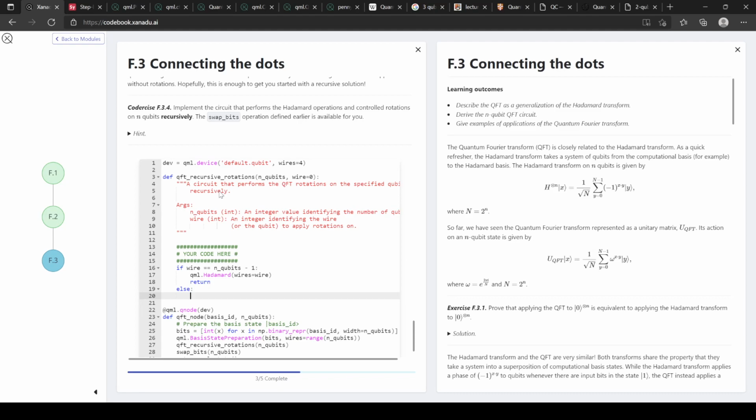we want to apply, okay, so what do we need to keep track of here?